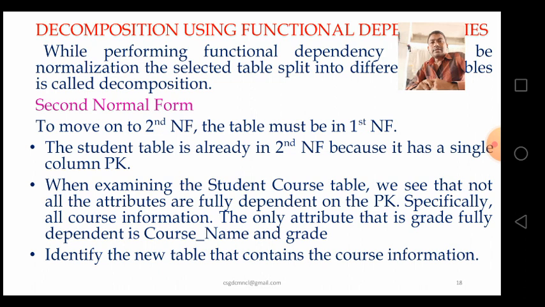When examining the student course table, we see that not all the attributes are fully dependent on the primary key, especially all the course information. The only attributes that are fully dependent are course name and grade.